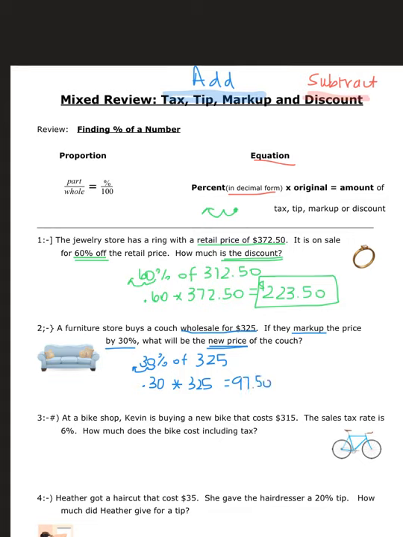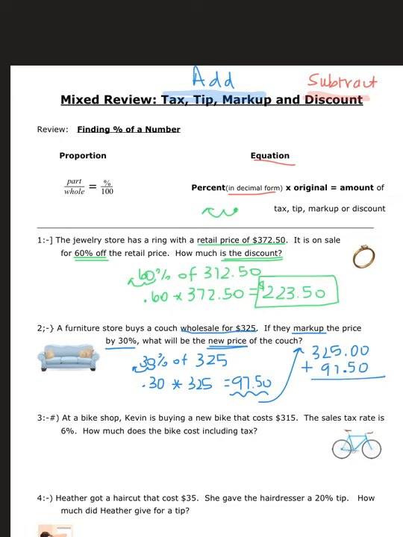$97.50. Now, $97.50 is not the new price of the couch. Yes, that would be great instead of $325 or more, but that's only the amount of markup. So we have to go a step further. We're going to take the wholesale price that they paid, which is $325, and we're going to add how much they marked the price up.